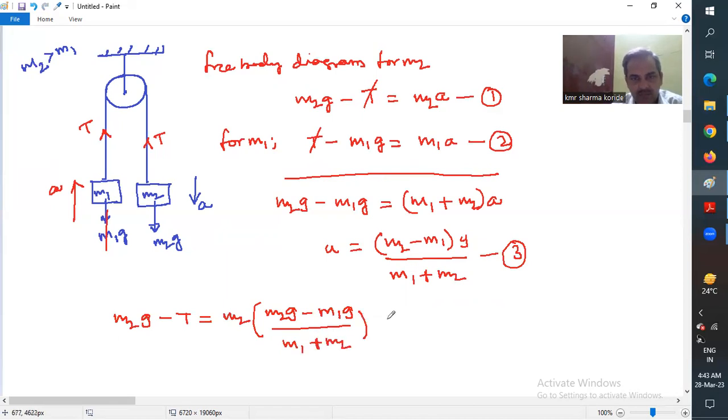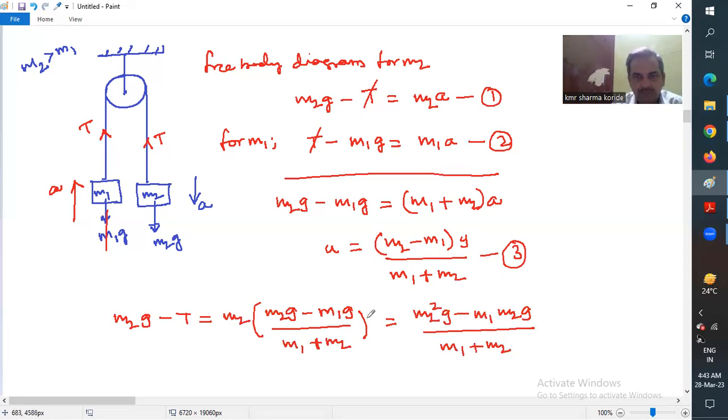Let us expand this. This is going to be m2 square g minus m1 m2 g, whole divided by (m1 plus m2).